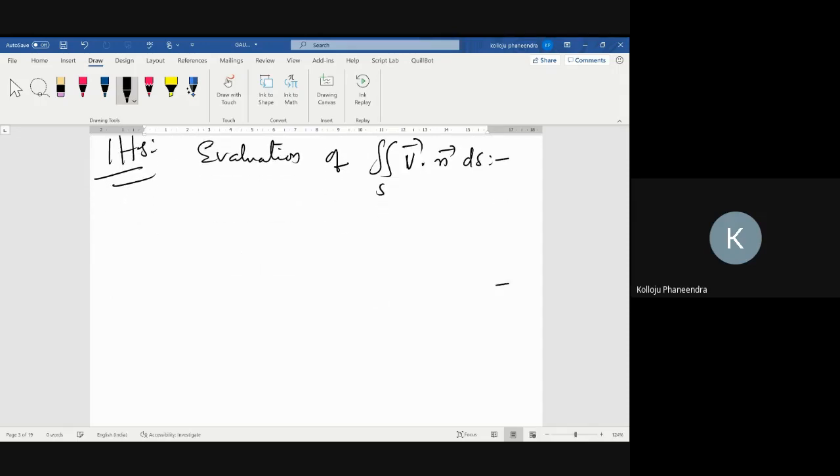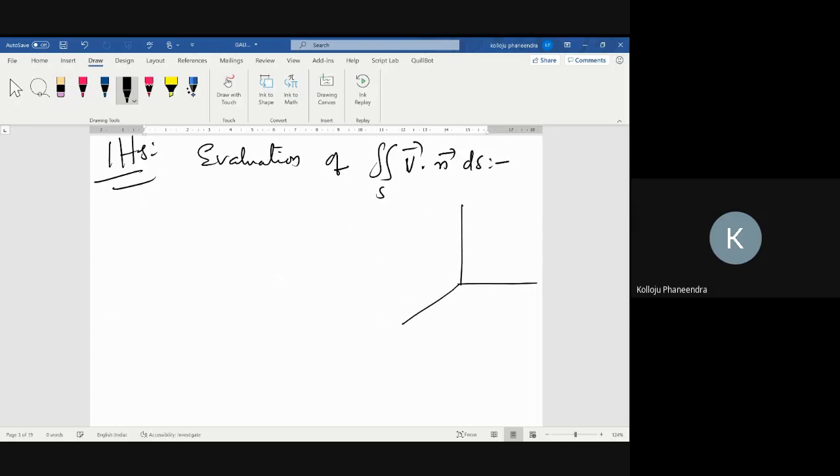Now, what is the figure here? Y-axis, x-axis, and z-axis. How many surfaces? I told you this is z equal to 0, this is z equal to 4, and this curved one, this curved surface. What is that? X square plus y square equal to 16. This is the S3 surface.